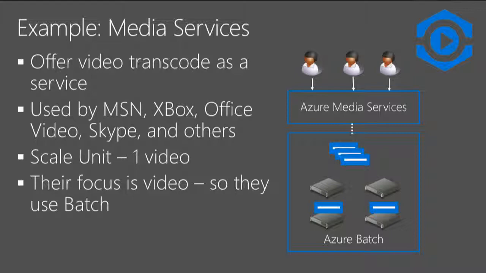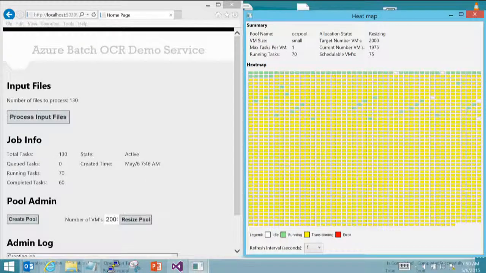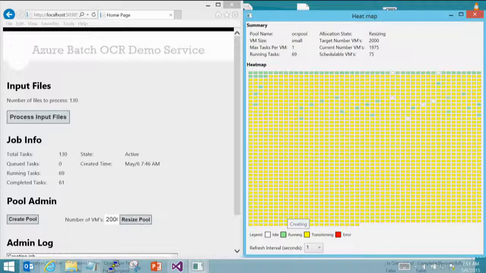If we go back to this, you'll actually see that we've gotten up to almost 2,000 VMs. But this is an example of where I said the big number of things that you see in demos is cores, not VMs.